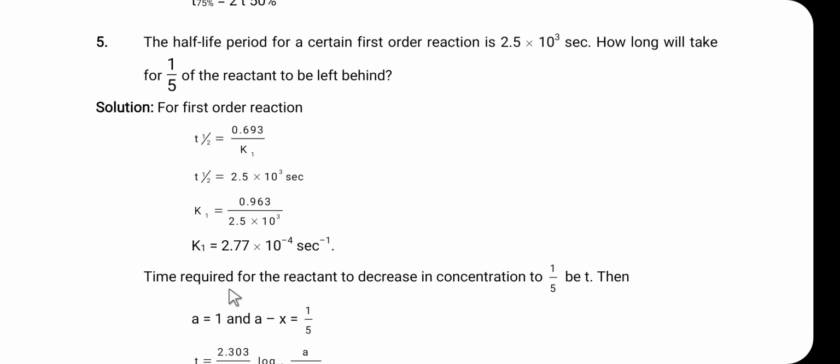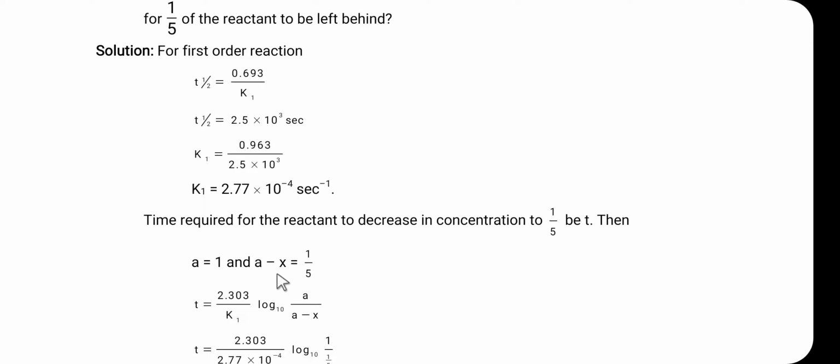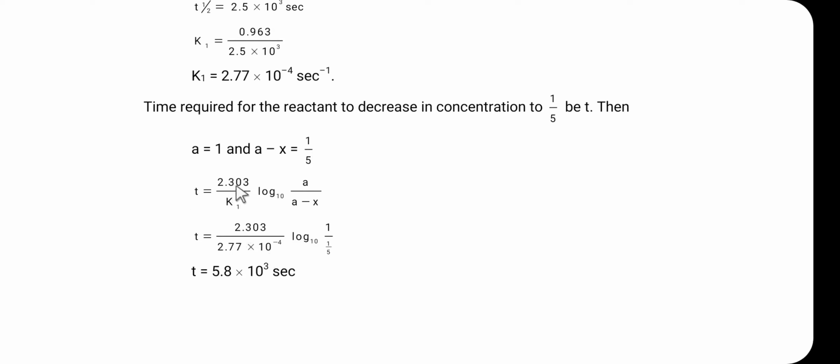Then second step, time required for the reactant to decrease in concentration to 1/5 at time t. Then here A is equal to 1 and here A minus x, that is the concentration of the reactant after time t, is 1/5. So, here t is equal to 2.303 divided by k1 log of A upon A minus x, substituting the values of A and A minus x.